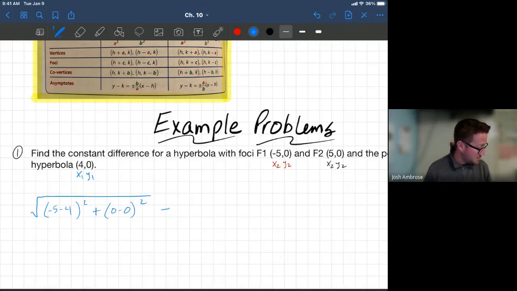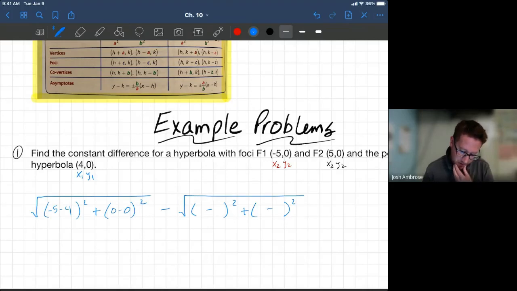Then we're going to be subtracting this from the next distance formula, which goes with our f2 point. Let's get this all set up right here. The f2 x value is 5, and then the point x value was 4, and then we go back to the nice 0, 0 right there.